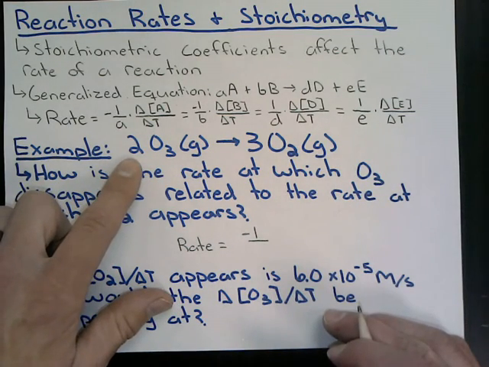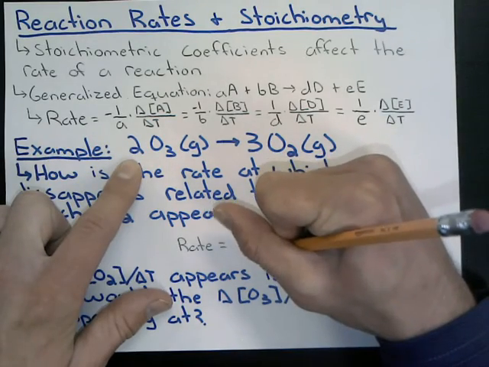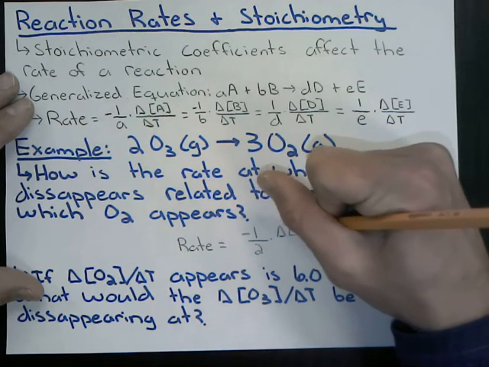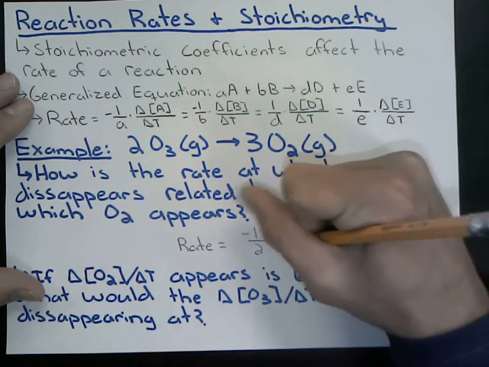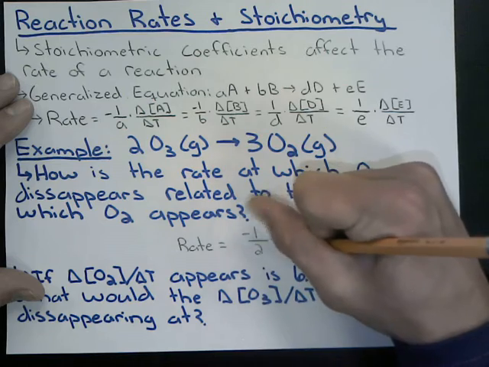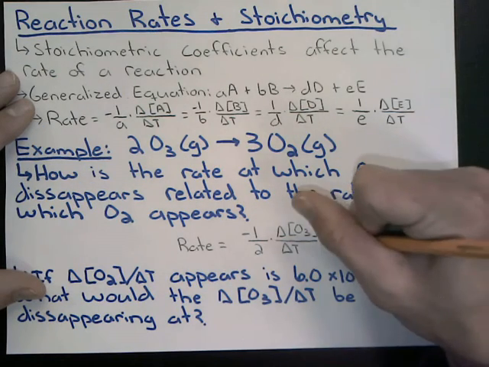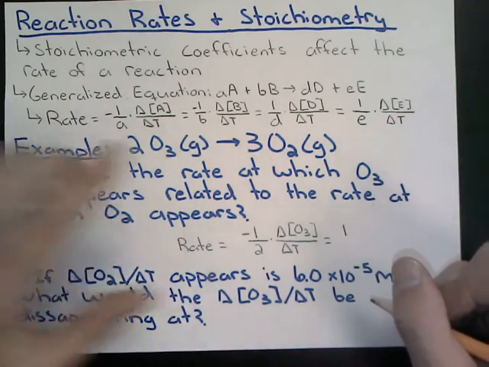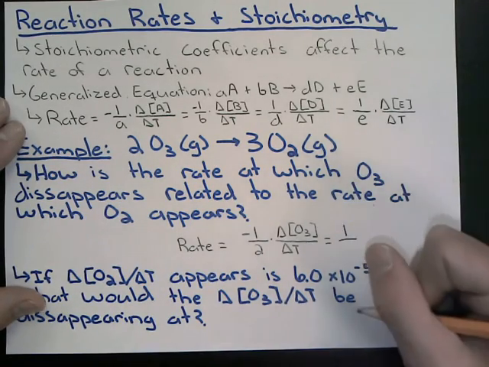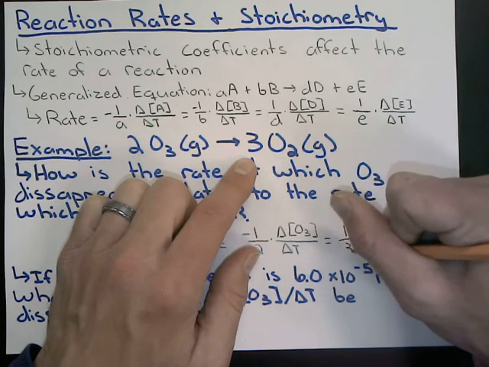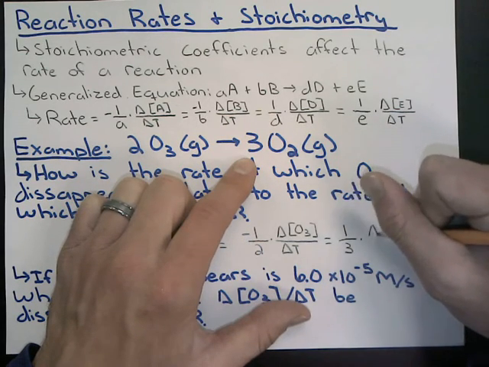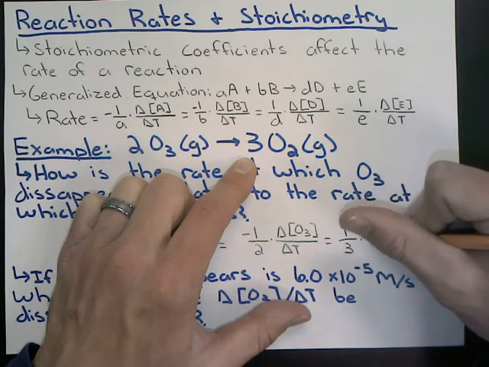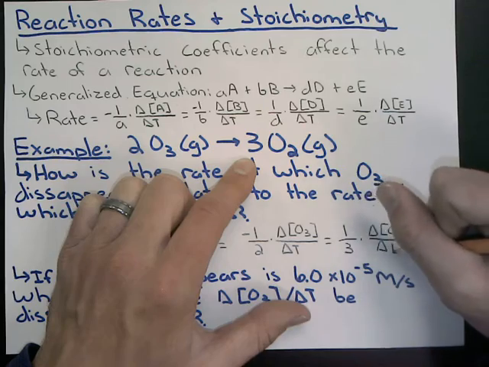So the stoichiometric coefficient of ozone is 2, times the change of concentration of ozone divided by the change in time. Now this is set equal to positive 1, because we're producing oxygen, 1 over the coefficient of oxygen, which is 3, times the change in concentration of O2, all divided by the change in time.